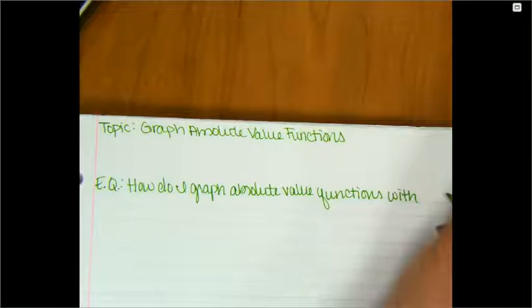What are they? Negative absolute value of x, or f of x equals absolute value of x. These both have starting points of where? 0, 0.